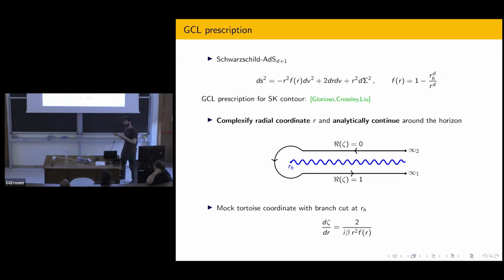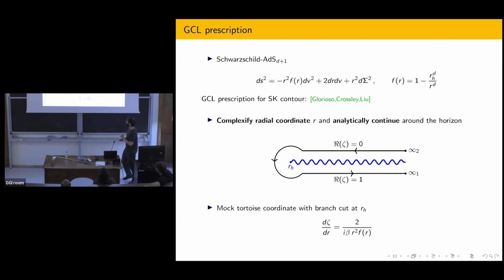All I'm saying is that you are solving the Klein-Gordon equation when r takes these complex values shown here. It's fixed.